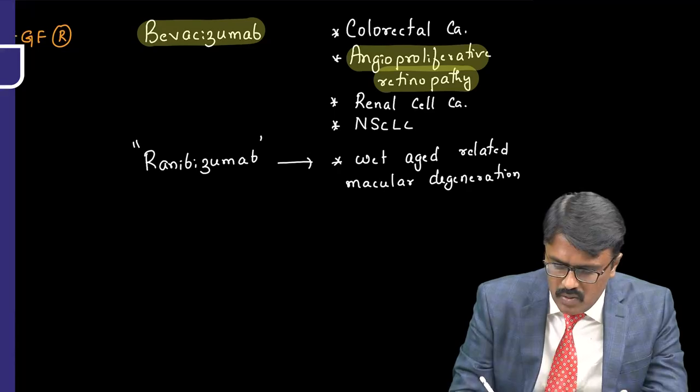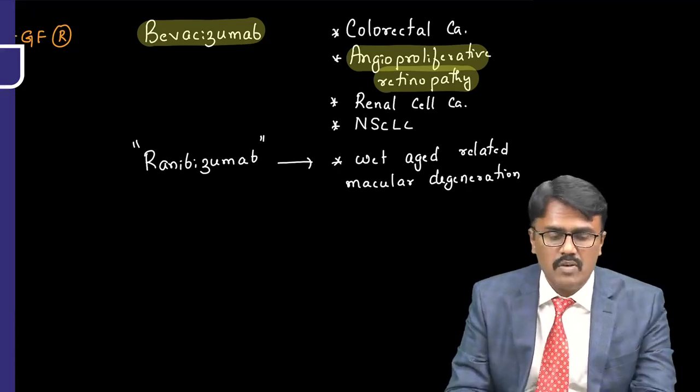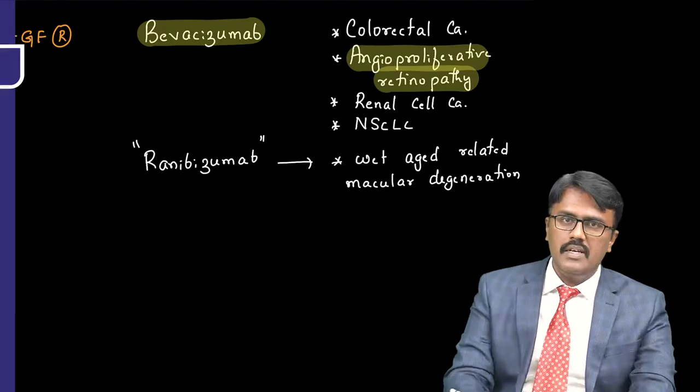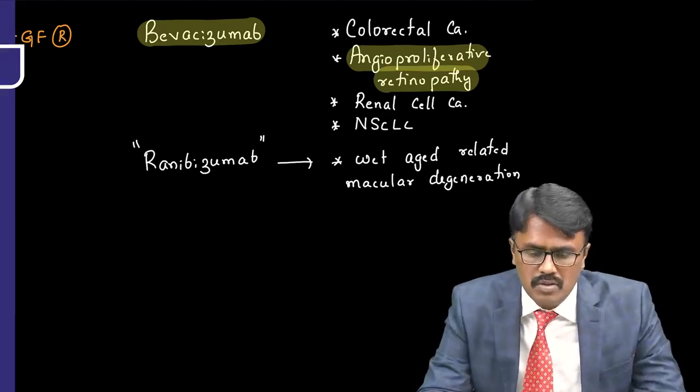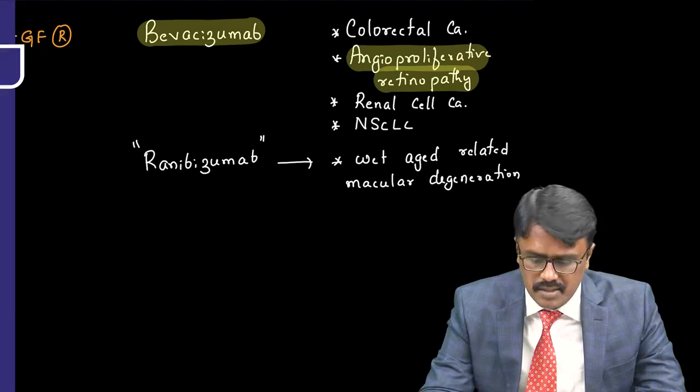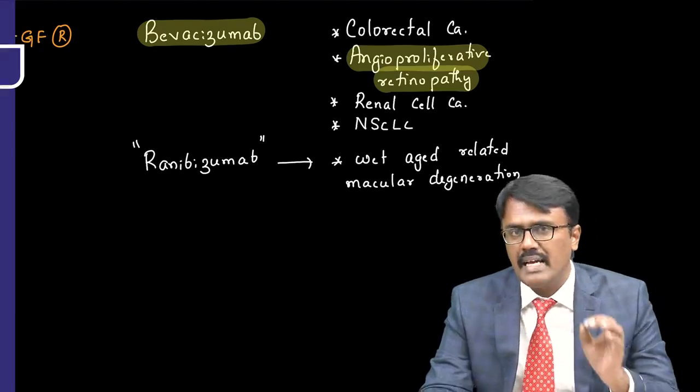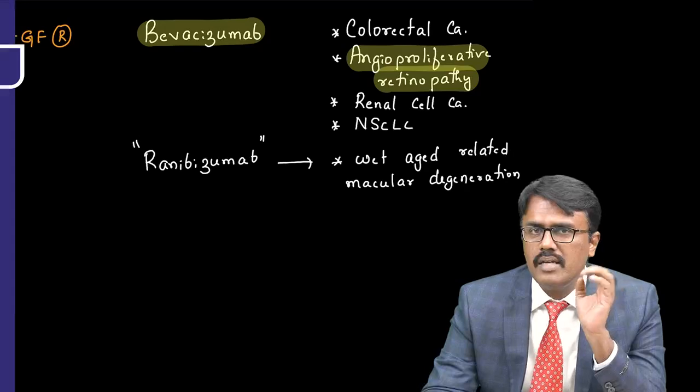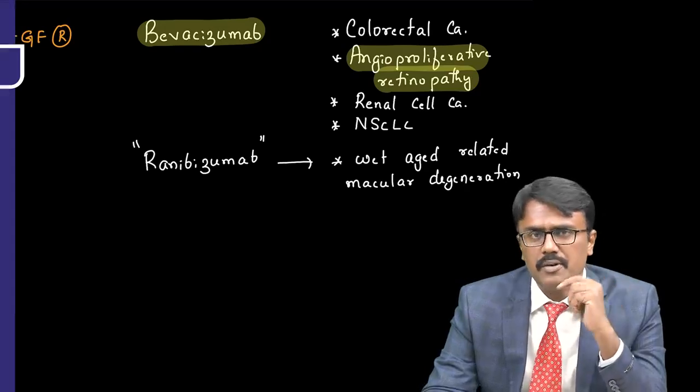Recently, they had asked what is the mechanism of action. It blocks vascular endothelial growth factor. It is used in wet age-related macular degeneration. It is given by intravitreal route.